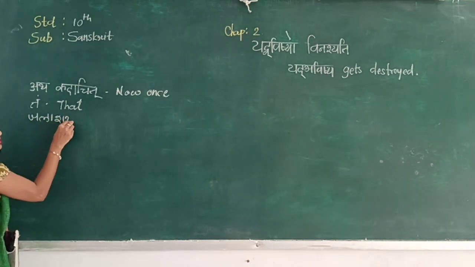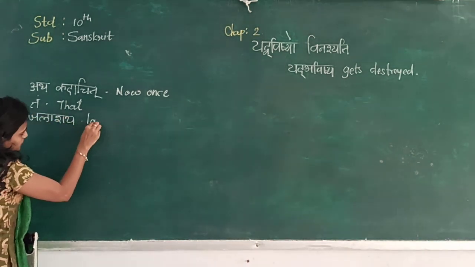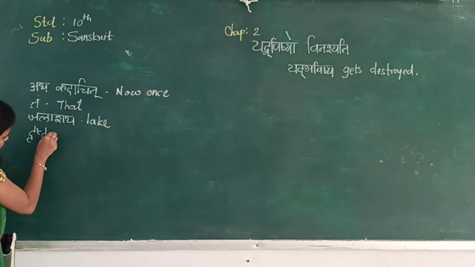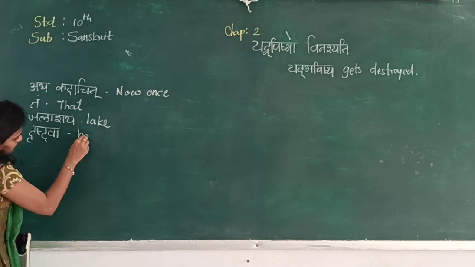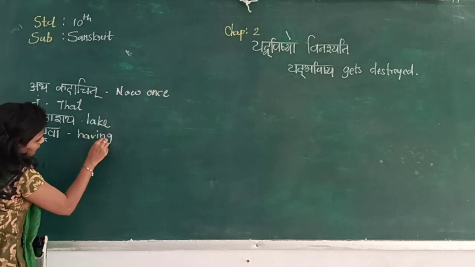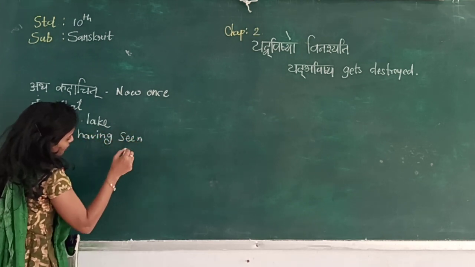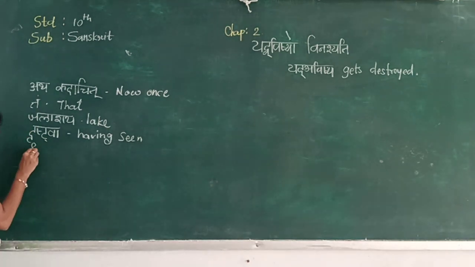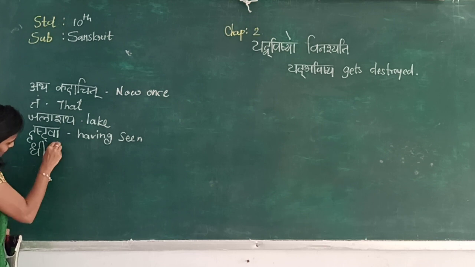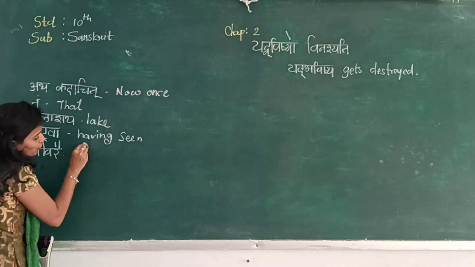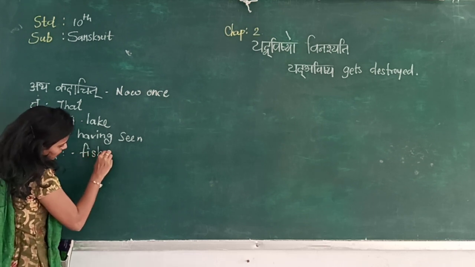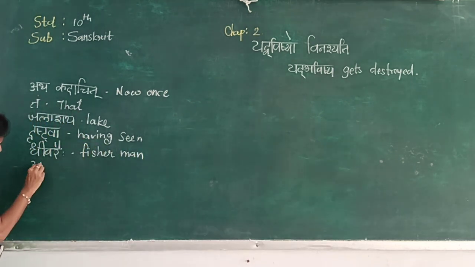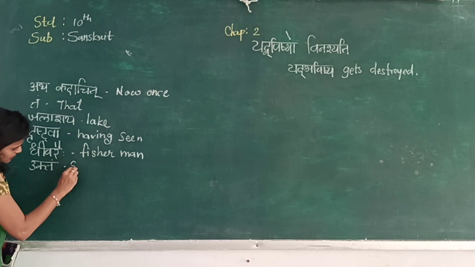Jalashaya means lake. Tam jalashayam drishtva, having seen; dhivaraihi, fisherman; uktam, said.